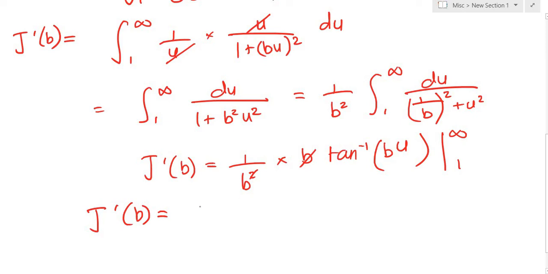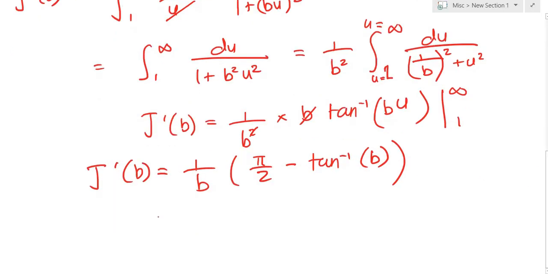So 1 over b cancels out. I have 1 over b times, when I plug in infinity for u, because these were the upper and lower bounds for u, the tan inverse of infinity, which is pi over 2, minus, when u is 1, this is just the inverse tangent of b, right? b times 1 is b.